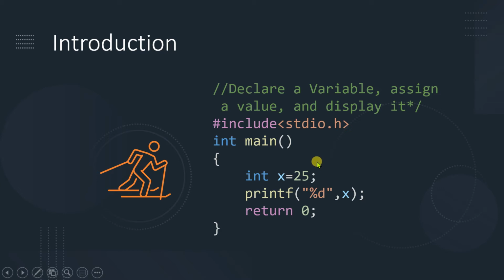We cannot change the location's value. Even if I want to store a different number, I should change the program line. That means this line needs to be changed. That is, if I write int x is equal to 35, then only 35 will be stored in that location.